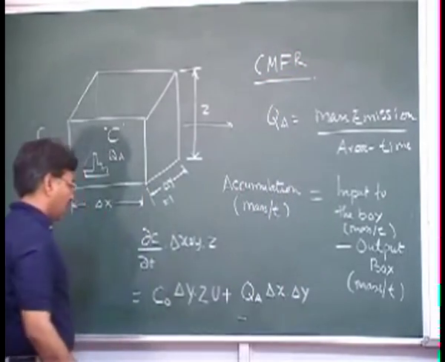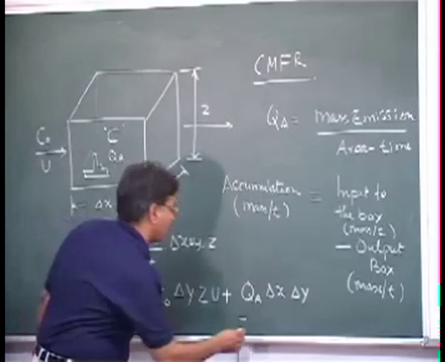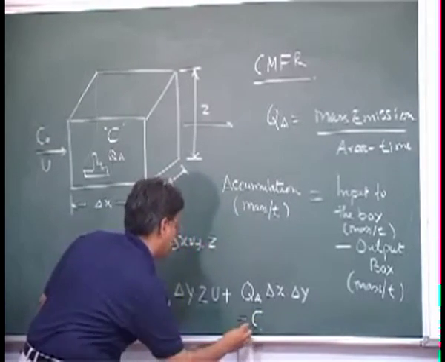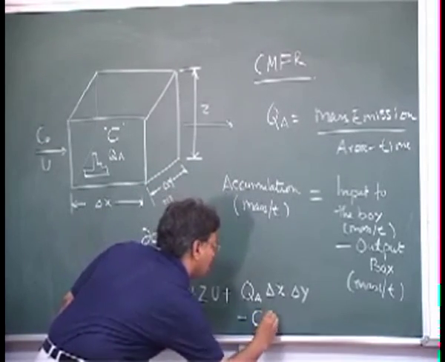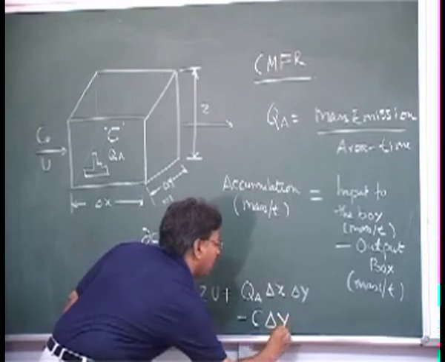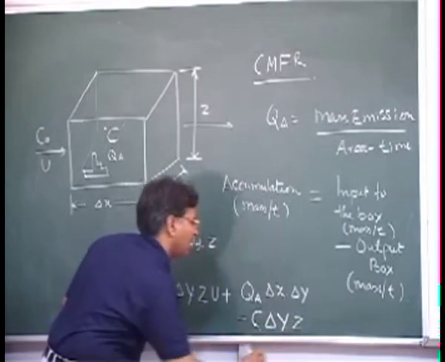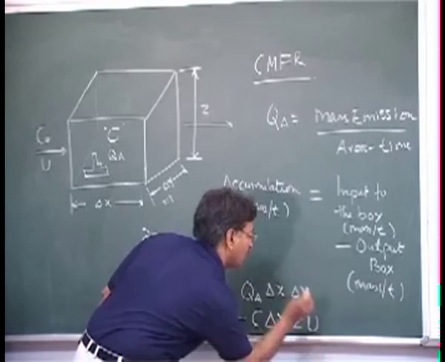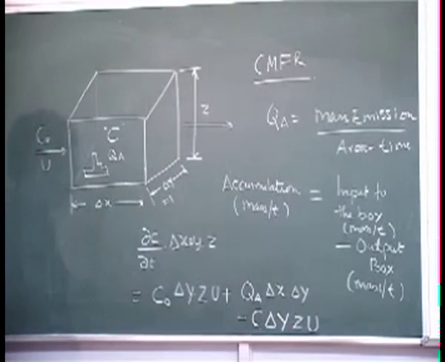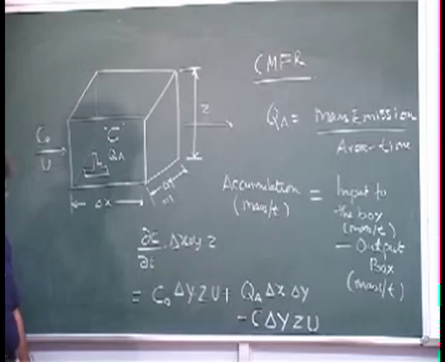Then what I can do is C times delta y z times u. Okay, this is what I can write.